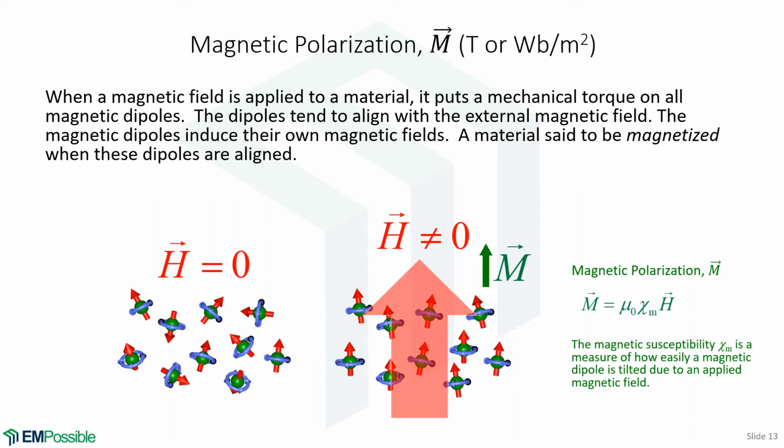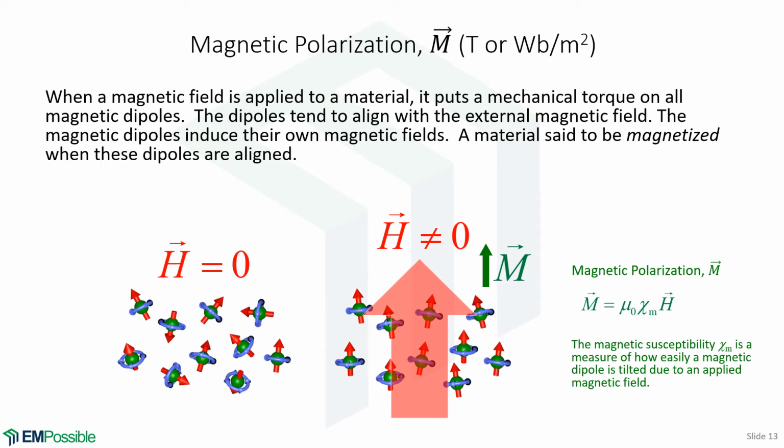Now, in order to convert the units from magnetic field intensity, which is amperes per meter, to magnetic polarization, which is Tesla or Webers per meter squared, we convert the units through the free space permeability. And this has units of henries per meter. We also have this chi term, chi sub m. That is the magnetic susceptibility.